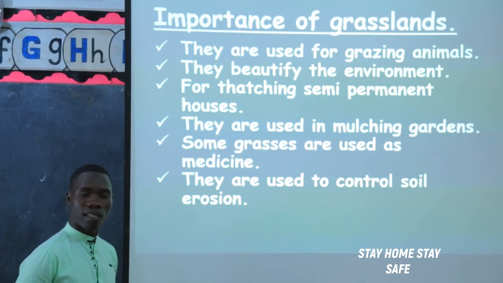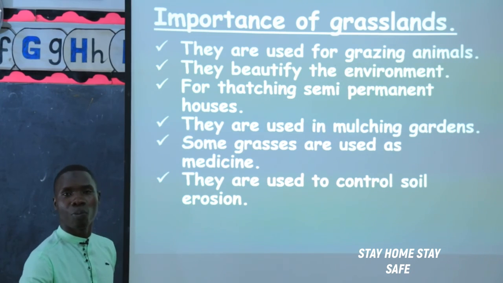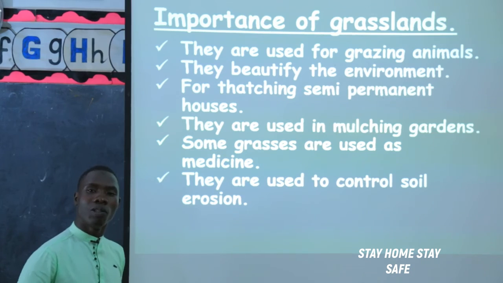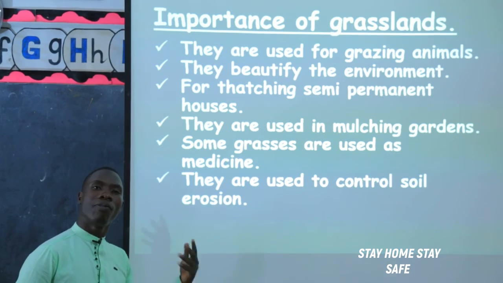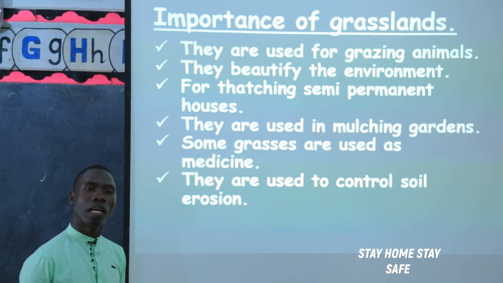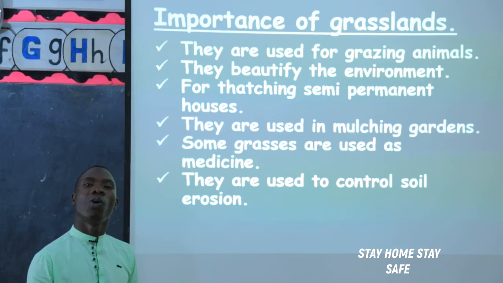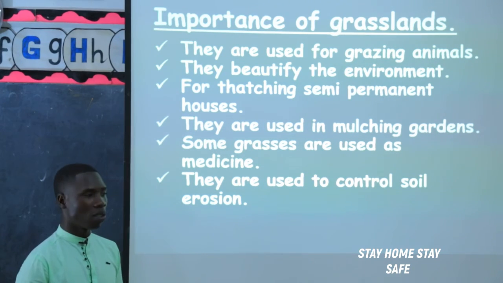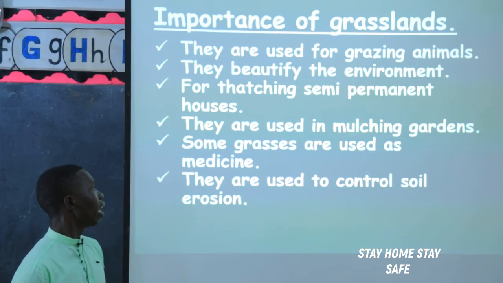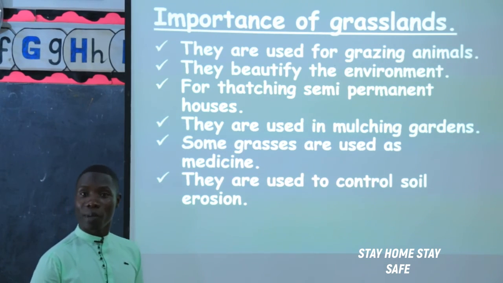You know, first of all, we have the grass that can cover the top of the soil. And you know the agents of erosion. The common one is fast flowing water. So this grass will reduce the speed of the flowing water so that it cannot take away the top soil. They also beautify the environment.